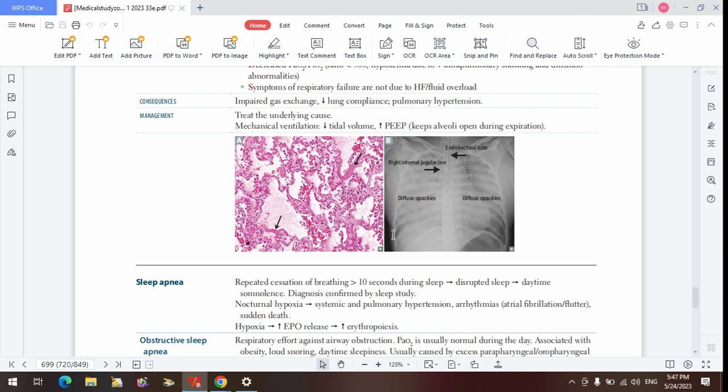The more air you put inside, that's like positivity. So if you pull the intrapleural pressure outwards, it's negative, and when you pull more air into the alveolar pressure, it's positive. The pleural is what is covering the lungs, so if you bring it out more, the lungs have more space to expand.